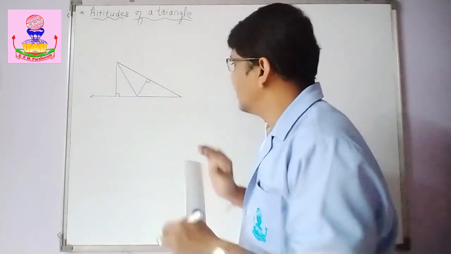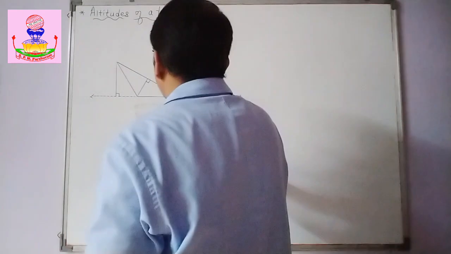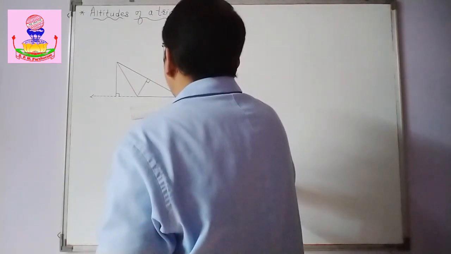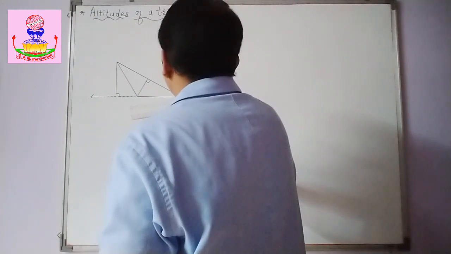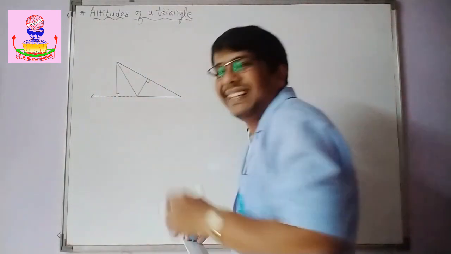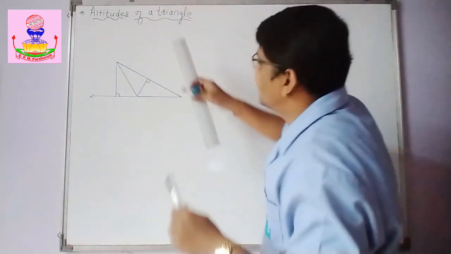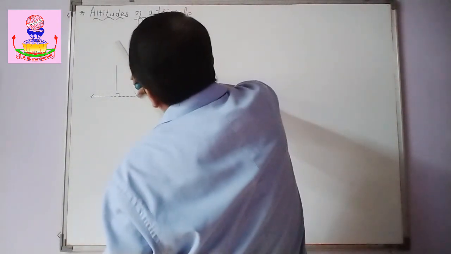And now, for this side, we are supposed to draw the altitude. Now, this is the vertex. Now, if I draw it, it will come somewhere here. Okay. So, what can we do? We can extend this side. So, let us extend it.